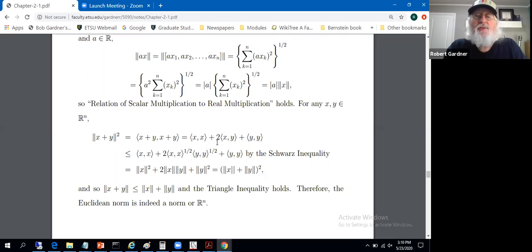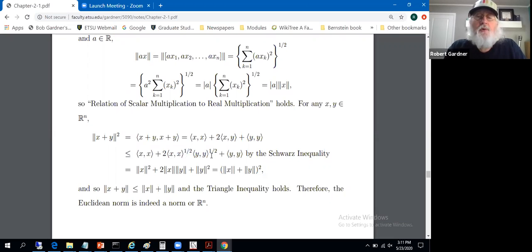Hey, how big is 2 times the inner product of x with y? It's at most 2 times the square root of the inner product of x with itself, times the square root of the inner product of y with itself. It's that value at most by Schwarz's inequality. Schwarz's inequality said the absolute value of this was less than or equal to the product of these two things, excluding the 2.